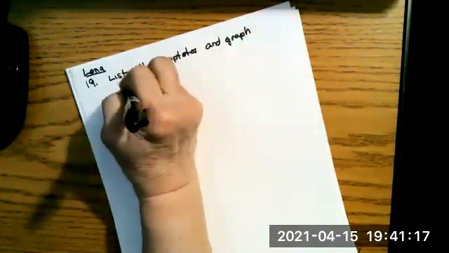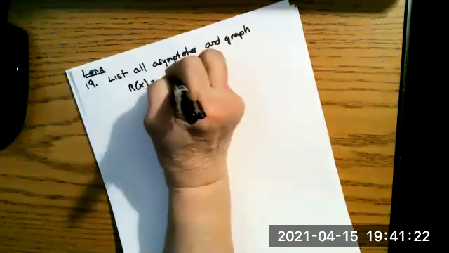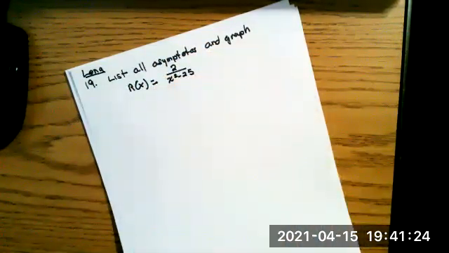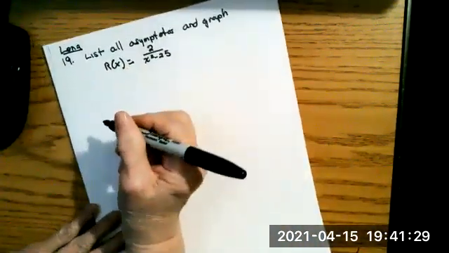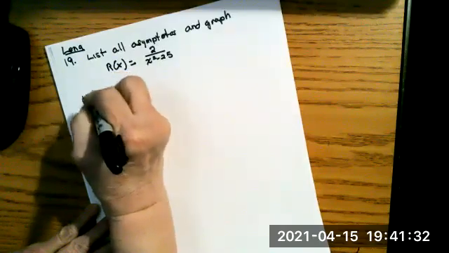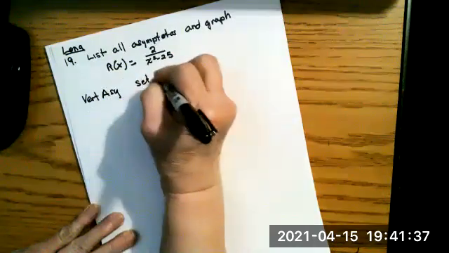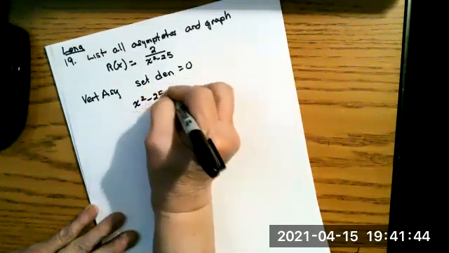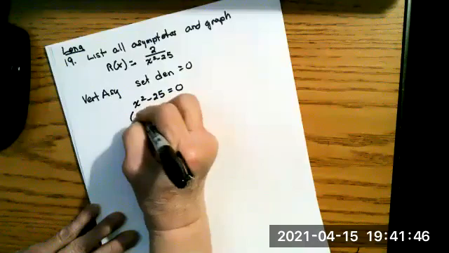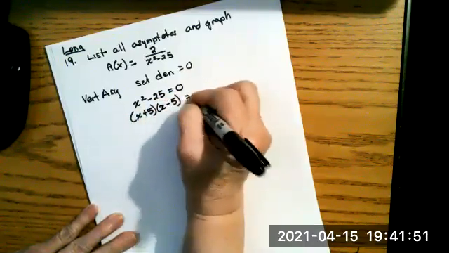Okay, our function is r of x equals 2 over x squared minus 25. So we don't have to worry about domain. We're going straight to asymptotes. Vertical asymptotes, you set the denominator equal to 0. So you have x squared minus 25 equals 0. That's x plus 5 and x minus 5, or you could take the square root of 25.